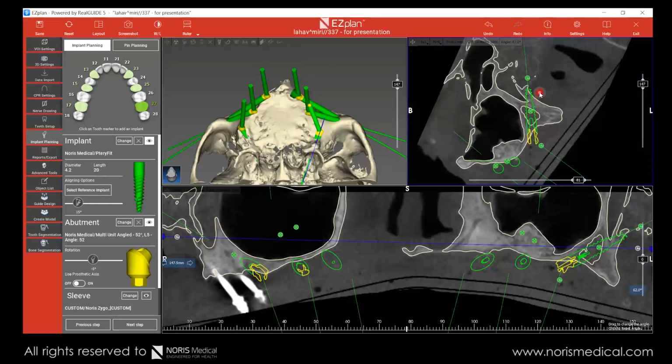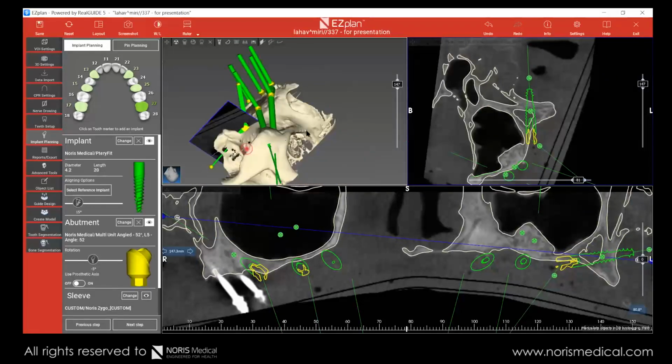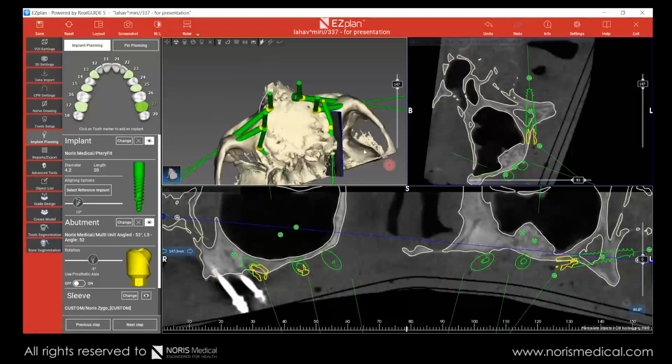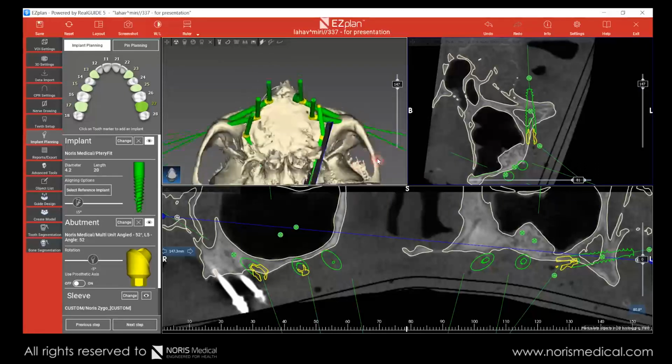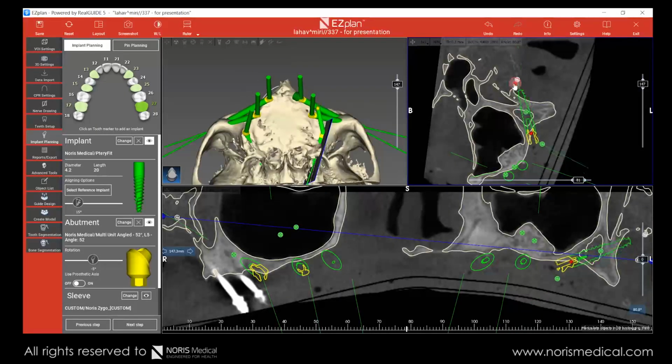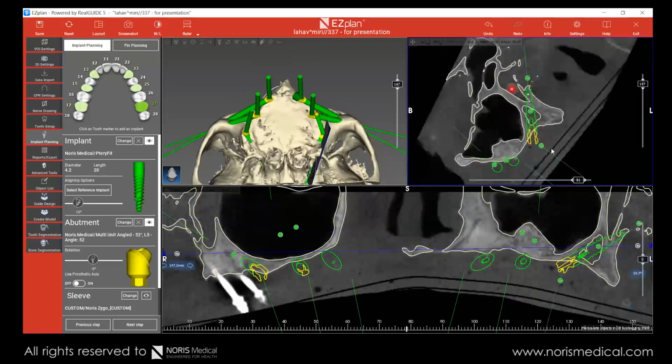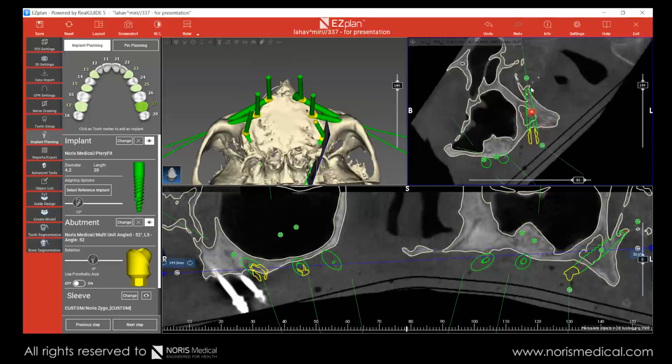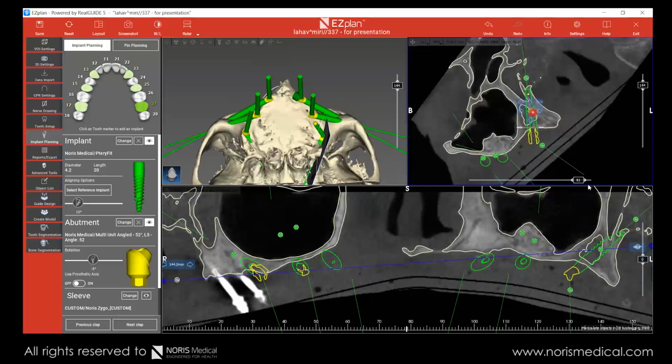We don't have a lot of bone here. If we lift the implant up this way, having this angle very low, it's not good for us. We need to have this angle. What we could do is take the implant more distally, then we have longer bone to be anchored in.